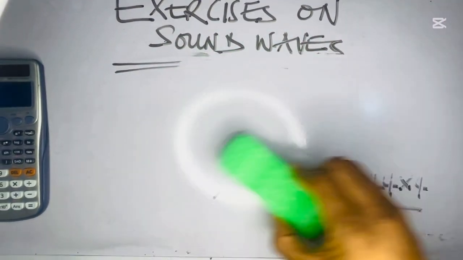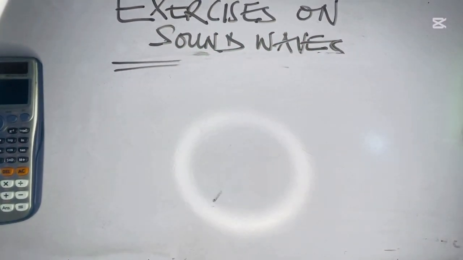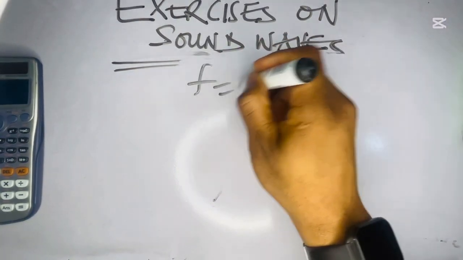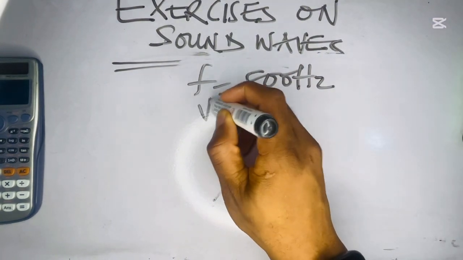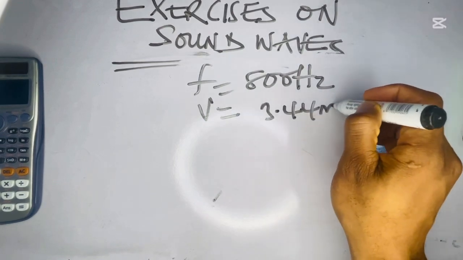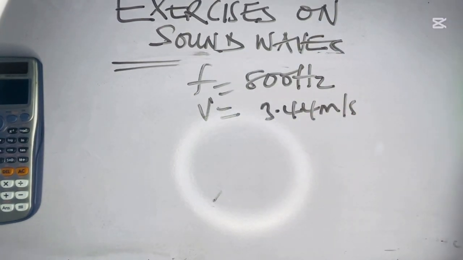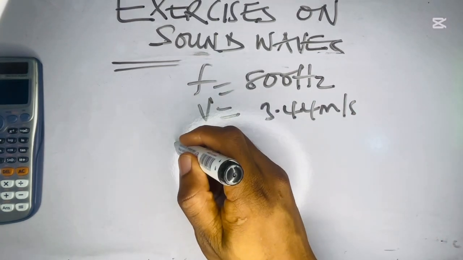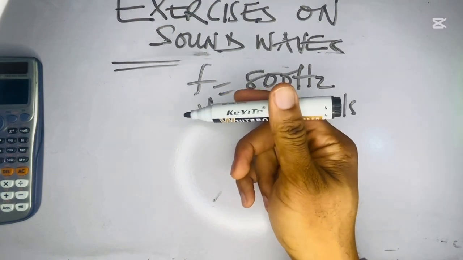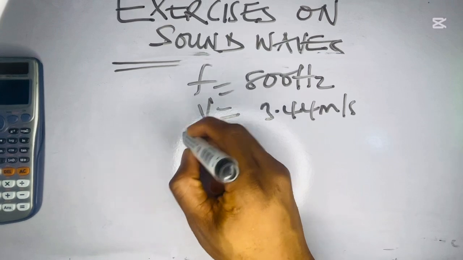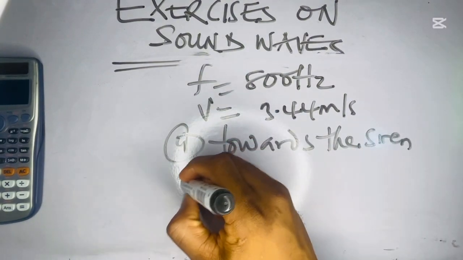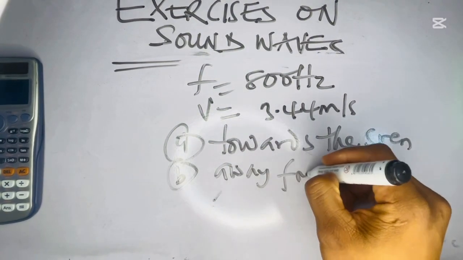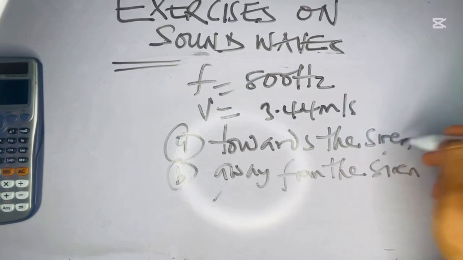If the velocity of sound in the air is 3.44 meters per second, find the frequency heard by the driver of a vehicle moving at 1.4 meters per second, A, towards the siren, and B, away from the siren.